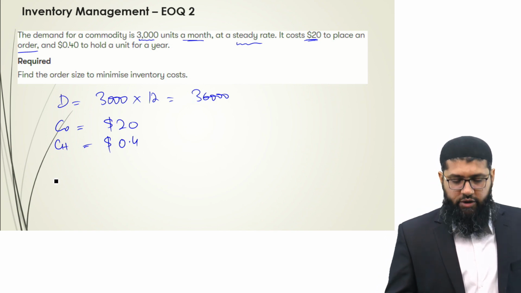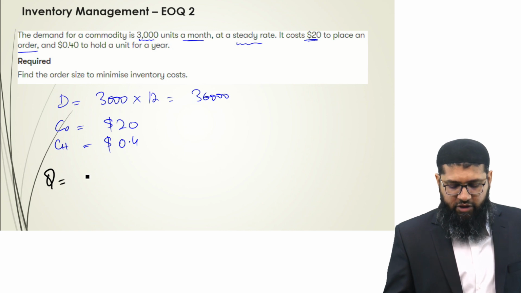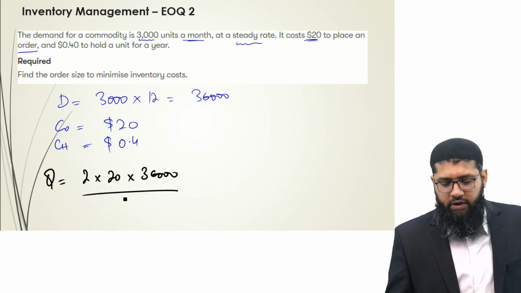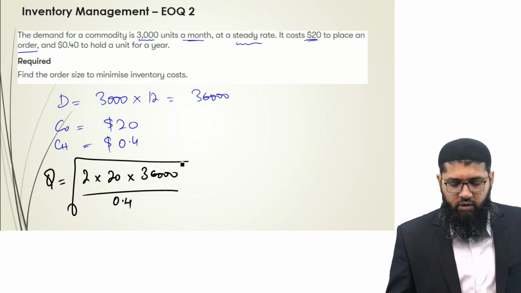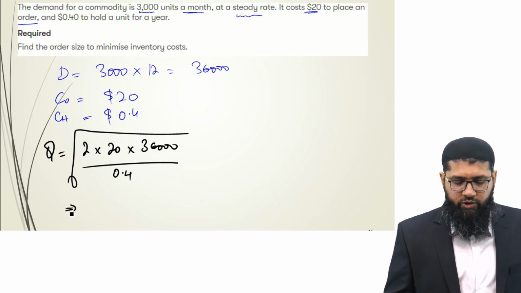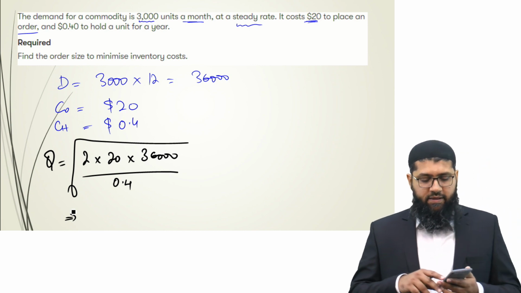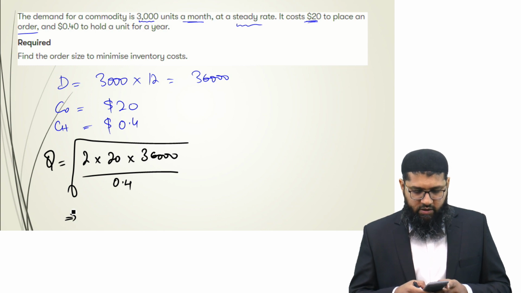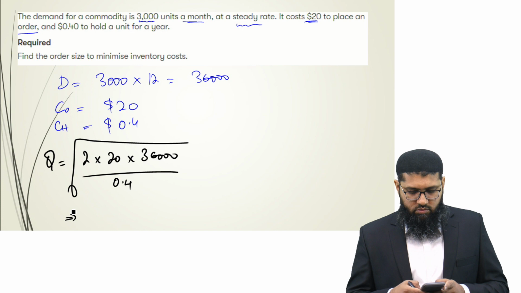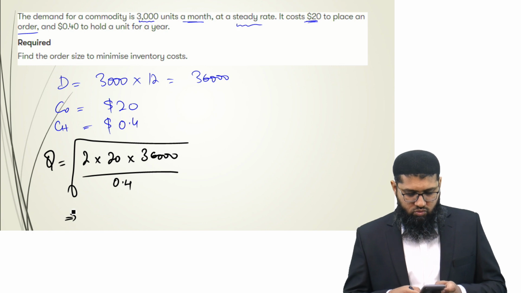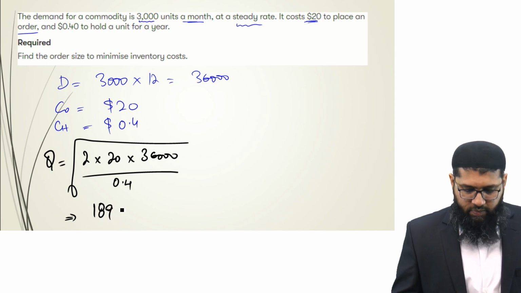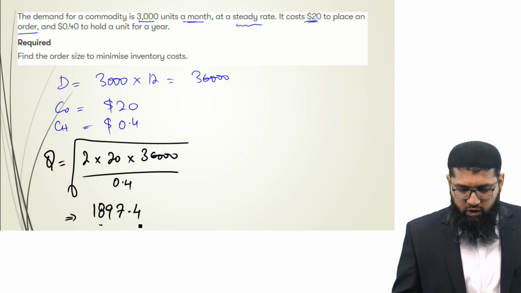Now how exactly are you going to do this? The economic order quantity is the square root of 2 into CO, which is 20, into D, which is 36,000, divided by CH, which is 0.4. Resultingly, you get 1897.4 units.